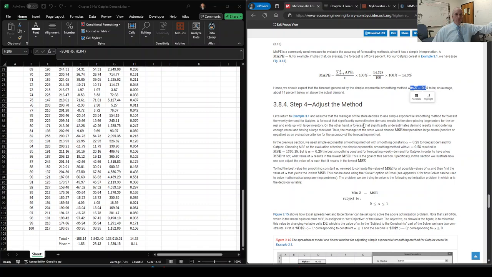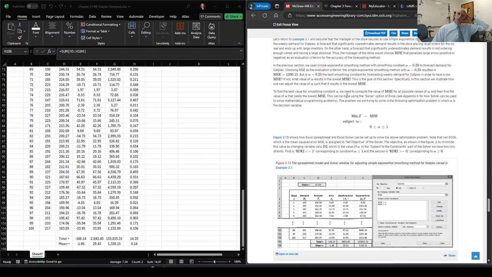On the other hand, a forecast that significantly underestimates demand results in not ordering enough and having a large stock out. So he's trying to avoid too much inventory and a stock out. Thus, the manager of the store would choose MSE, which penalizes large errors, as an evaluation criterion for the accuracy of the forecast method.